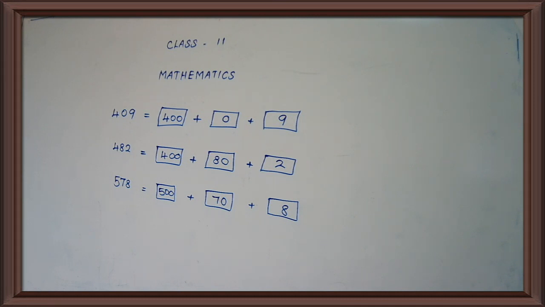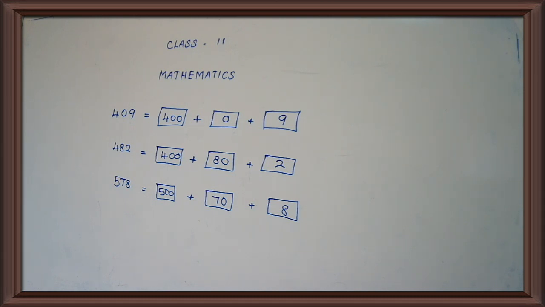Tens place 20. 100 place is 800. N question, 867. Ones place you want to write 7. Tens place you want to write 60. Then how many hundred is there? 800.